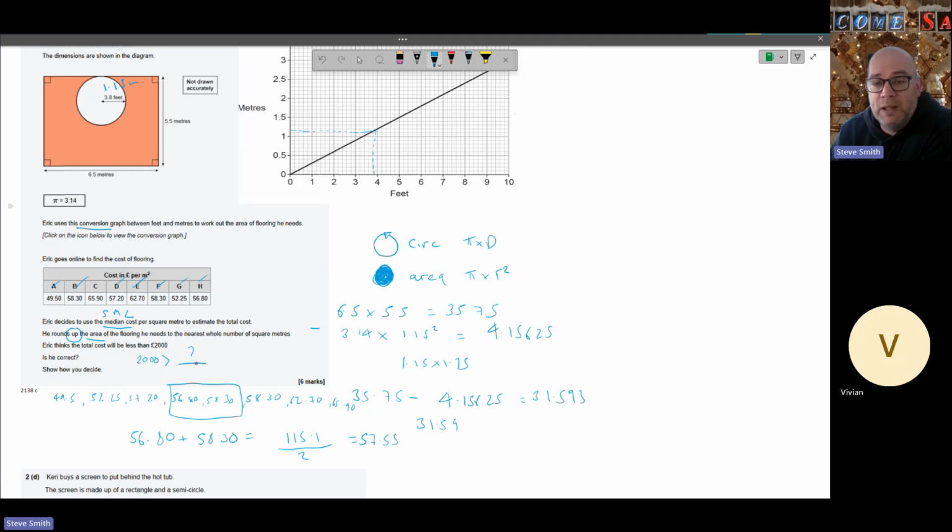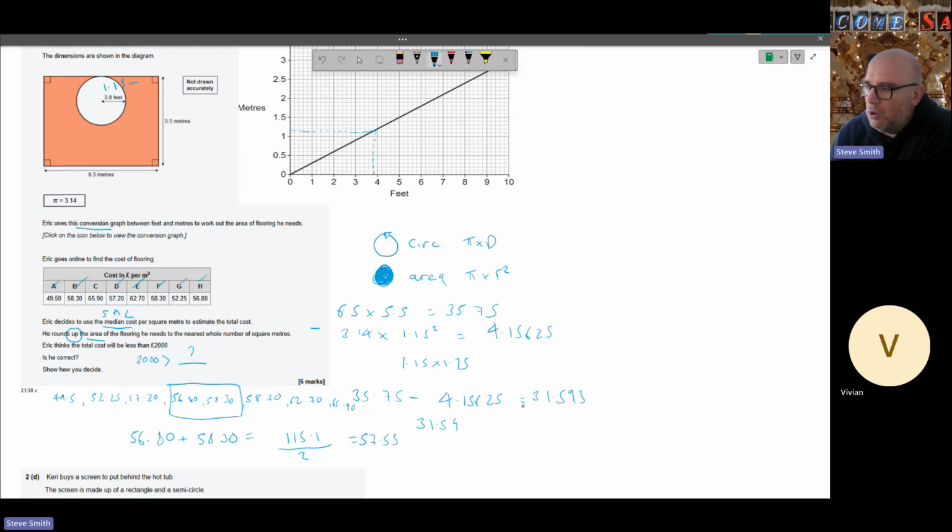If we're just rounding it to the nearest, it would still be up, wouldn't it, to 32. But if it said that was 31.293, rounding it to the nearest would be down to 31. So it's important that it says rounding it up.